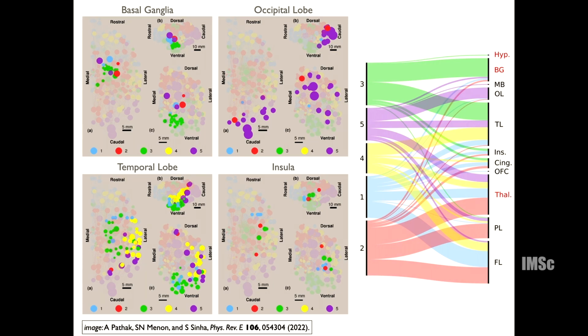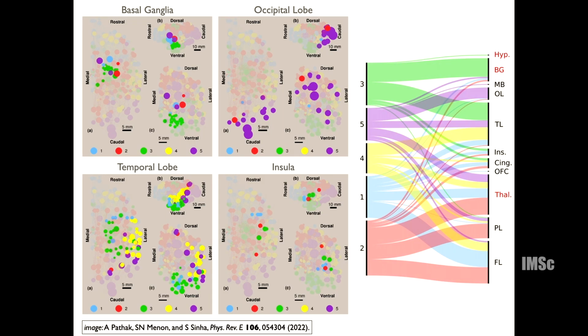Basically this gives you a split-up of all the nodes belonging to these modules and all the nodes that are children of these different brain regions. So the basal ganglia, as I said, mostly belongs to module 3. The occipital lobe, interestingly, is mostly module 5.